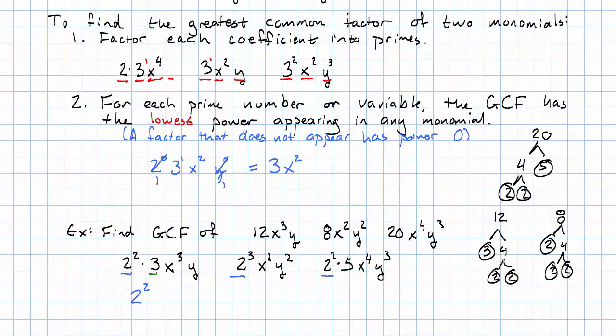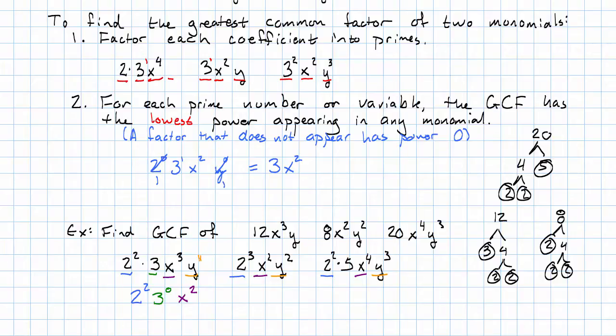3 only appears in the first monomial. I'll have 3 to the 0. X appears in all 3. The lowest power is 2, so I'll have x squared. Y appears in all 3.